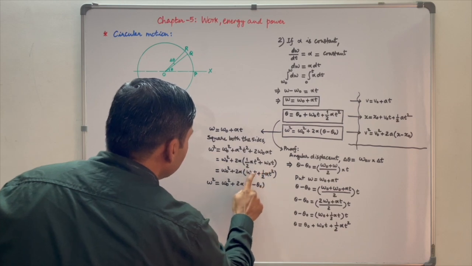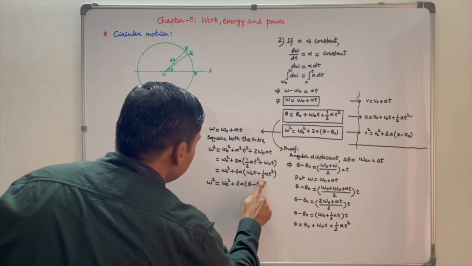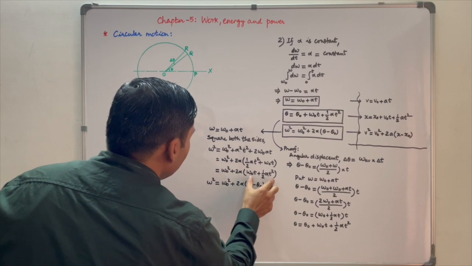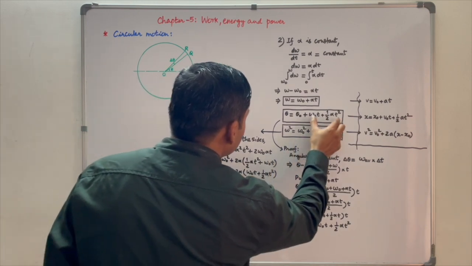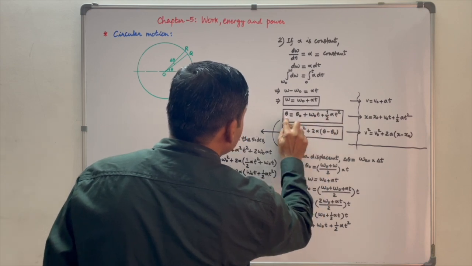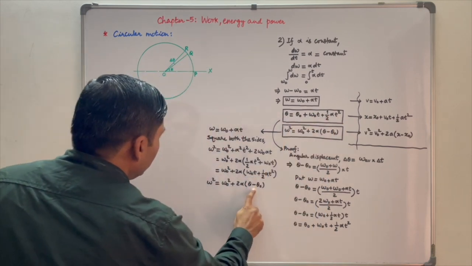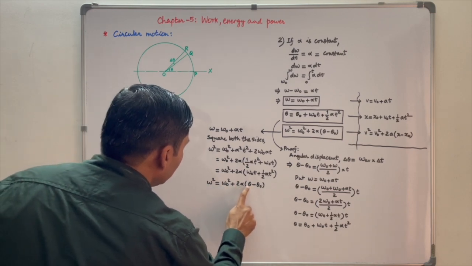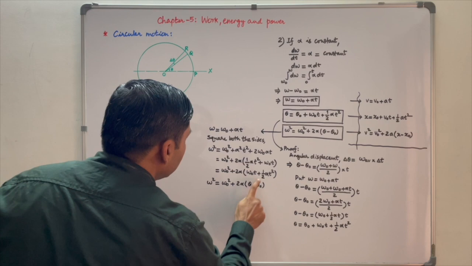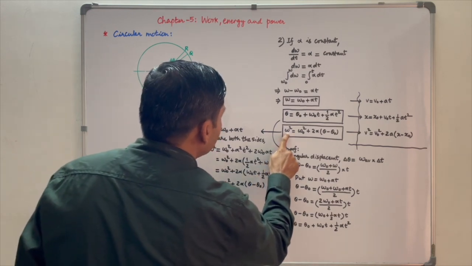Rearrange the terms, we get omega 0 t plus 1 by 2 alpha t square. Value of omega 0 t plus half alpha t square can be put from second equation, and that is equal to theta minus theta 0. So we have got omega square is equal to omega 0 square plus 2 alpha into theta minus theta 0, and that is third equation of circular motion.